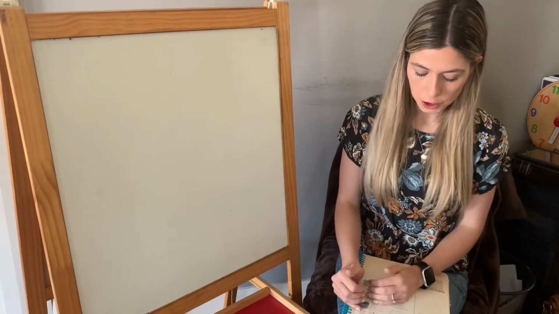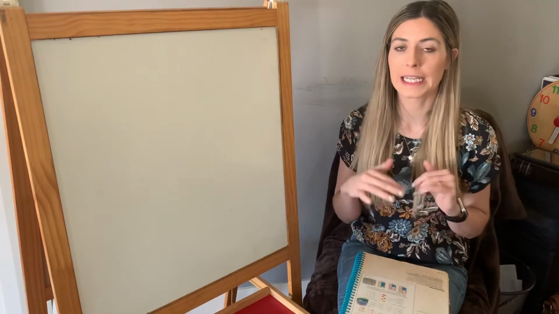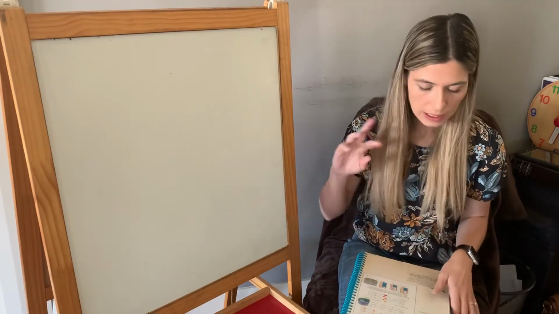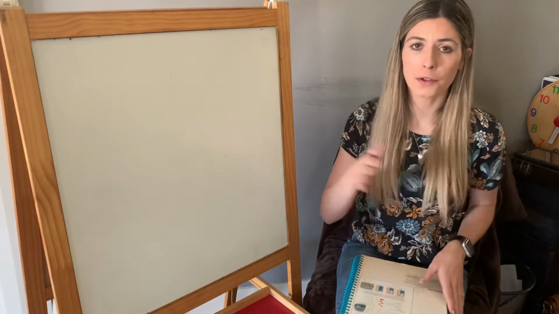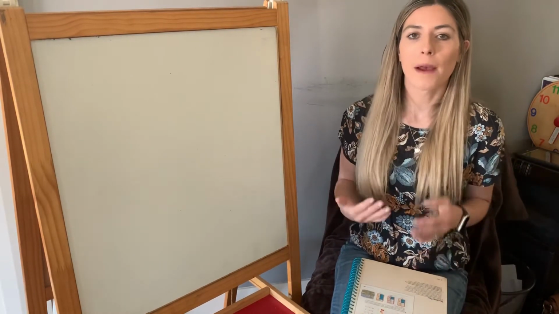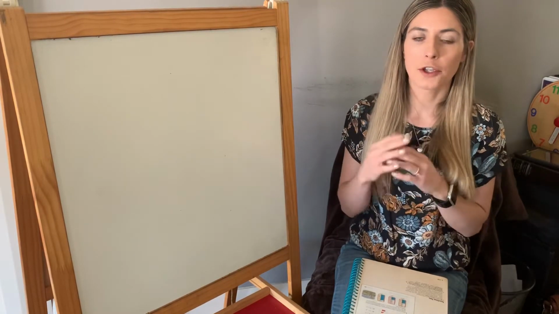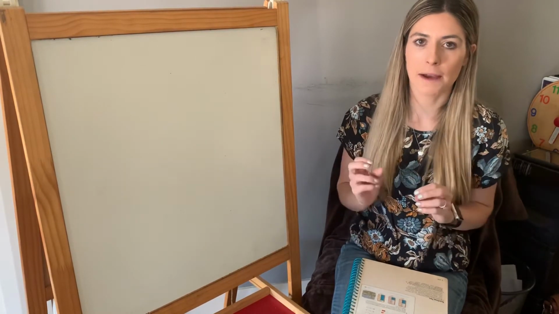I want to remind you, as the numbers on the bottom get bigger, the pieces get smaller. It's opposite of what we're used to. When our numbers get bigger, things tend to get bigger. But when it comes to fractions, you're actually going the opposite direction because you're making more pieces. The pieces have to be smaller.